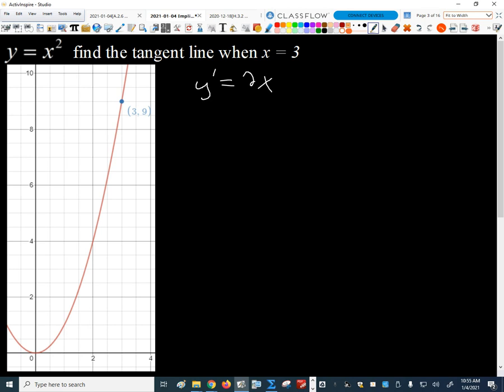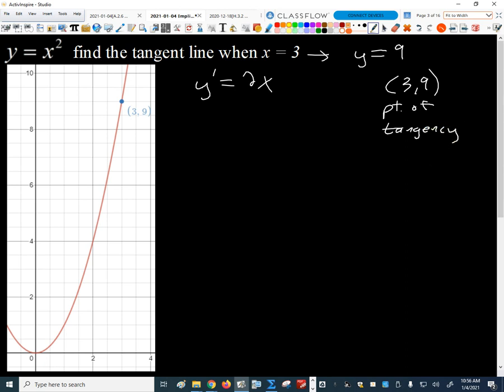Now what? You have to plug in x equals 3 into the equation to get a y value. Okay, so if I plug 3 into the function, y would equal 9, right? So I end up with the ordered pair (3, 9), and that's going to be my point of tangency. And then what else do I need?